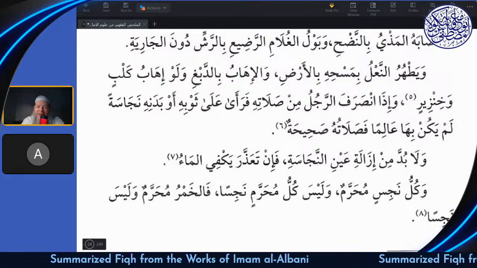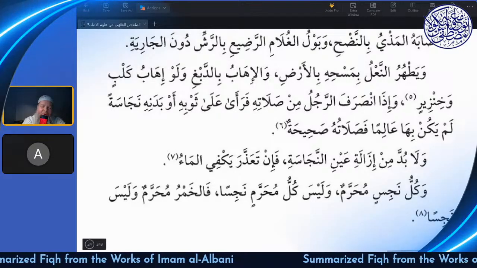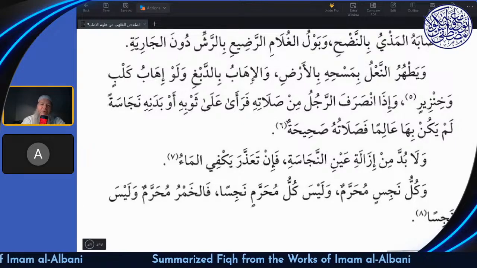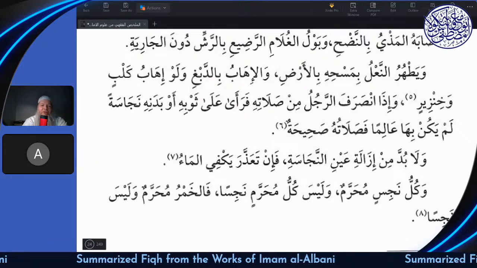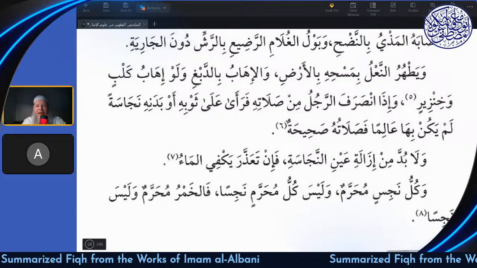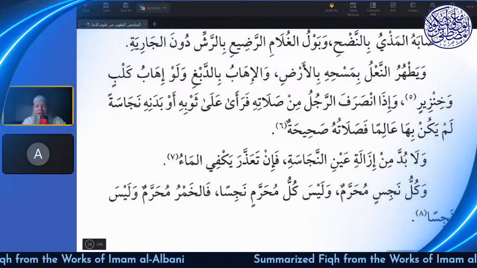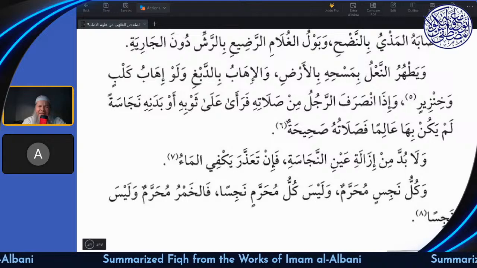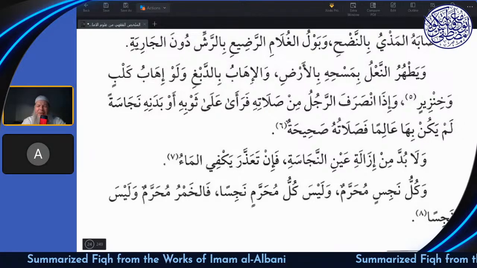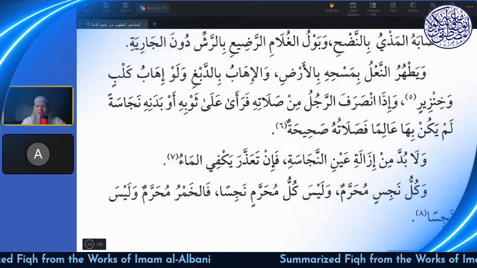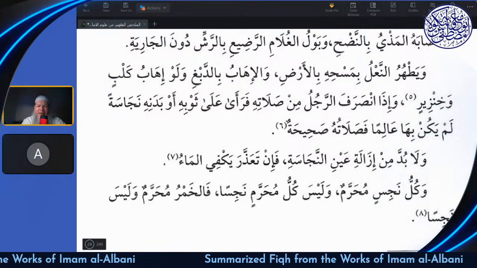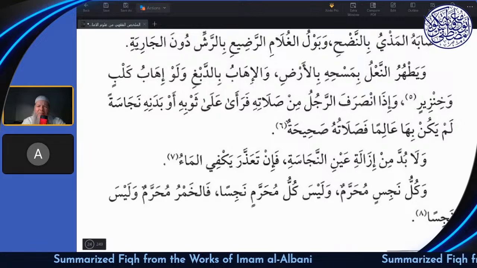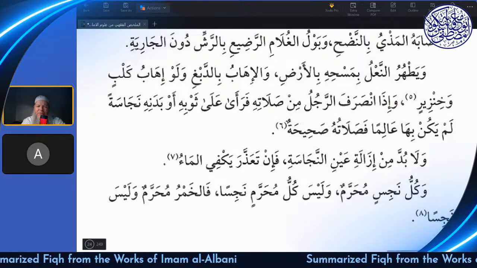The Prophet ﷺ said, what comes after purifies what came before it. So the ground that the dress is dragging on will purify whatever she dragged it through. And we have to see the ainu najasa, the najasa itself, not just something that we imagine. ويطهر النعل بمسحه بالأرض. So how does a shoe become clean if you walk on something? By just walking on the earth, it'll become clean.